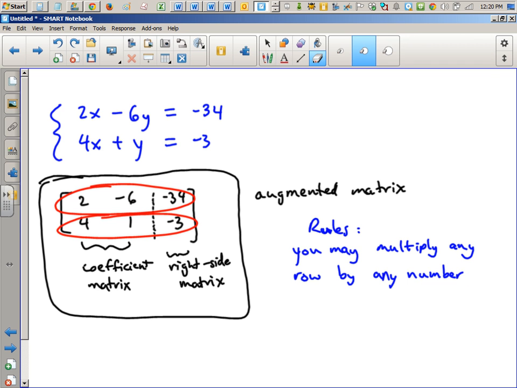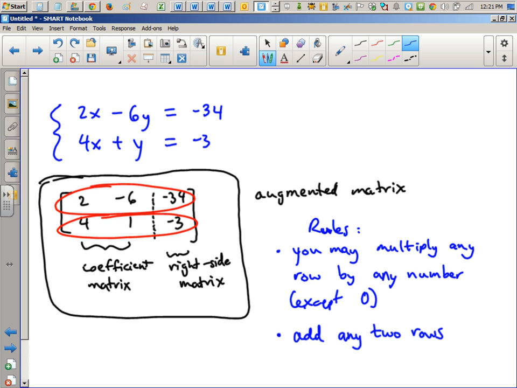Don't multiply by 0. You'll ruin the whole problem. Okay? Please don't multiply by 0. The second thing you're allowed to do is add any 2 rows. Go ahead and place your resulting sum in either row.